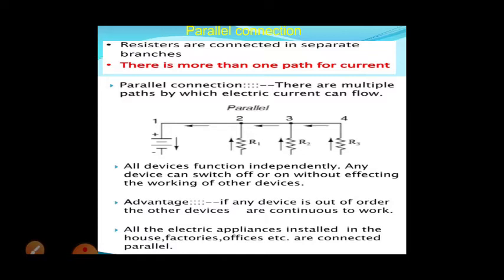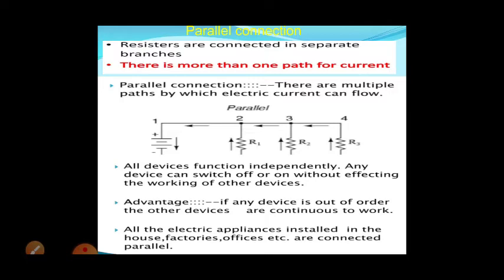If we don't want one appliance to work, the other can work, so that way we can operate. All the electric appliances installed in houses, factories and offices are connected in parallel. In household wiring, if we want to glow the light but we don't want the fan, we switch on only the light, which will not switch on the fan.